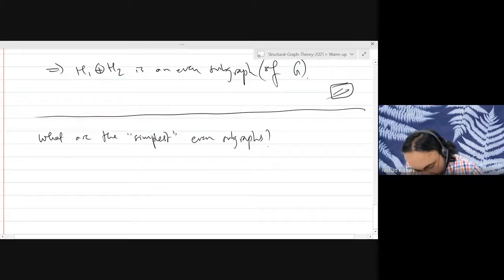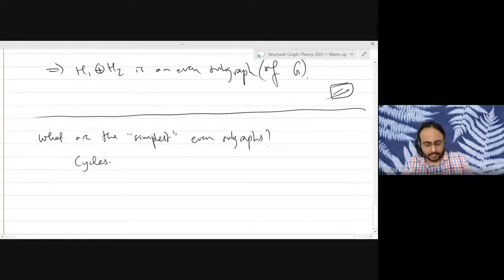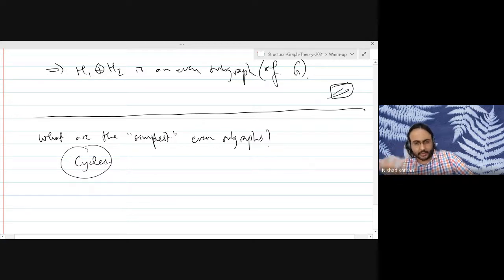So of course there is the empty subgraph, but then there are the cycles, right? And this subspace that we just discussed is called the cycle space of the graph, because it can be generated by all the cycles of the graph, right? Here we are talking about generated in the algebraic sense. So you can take the cycles and take their symmetric difference to form all the even subgraphs of your graph.